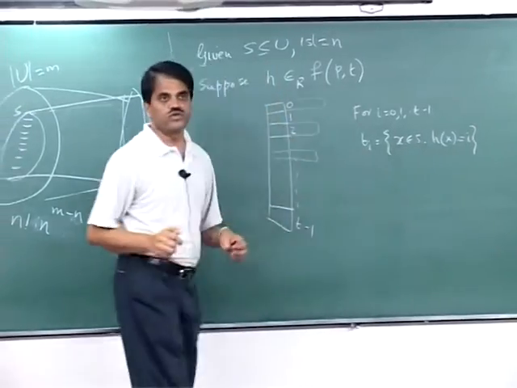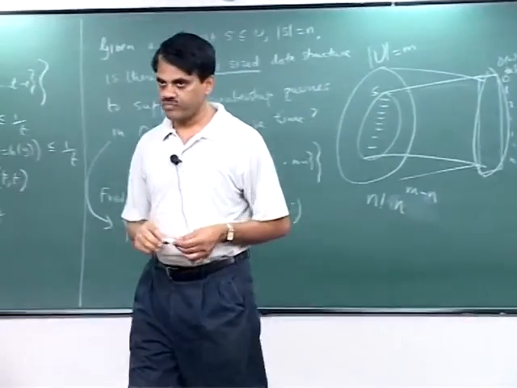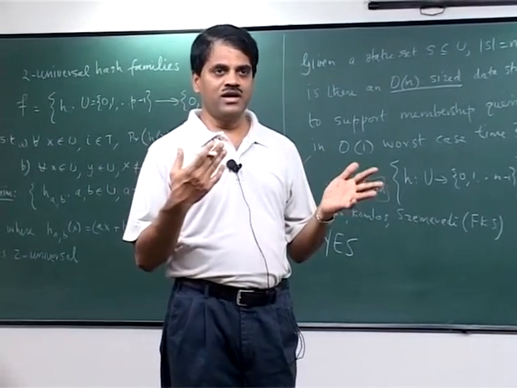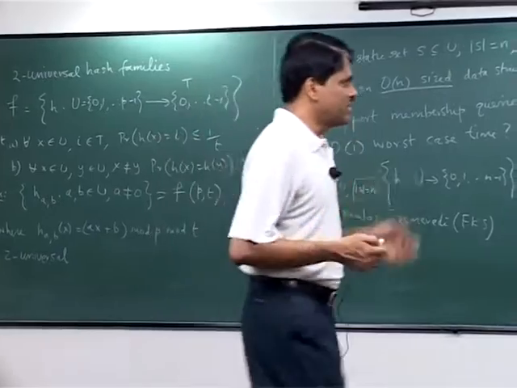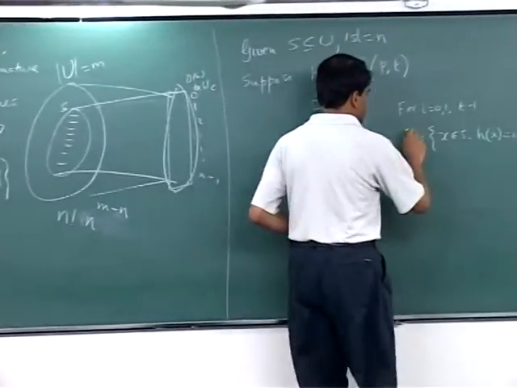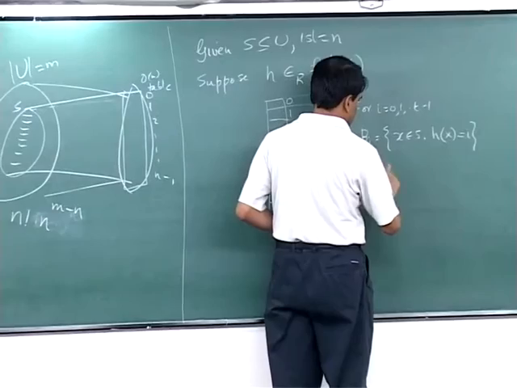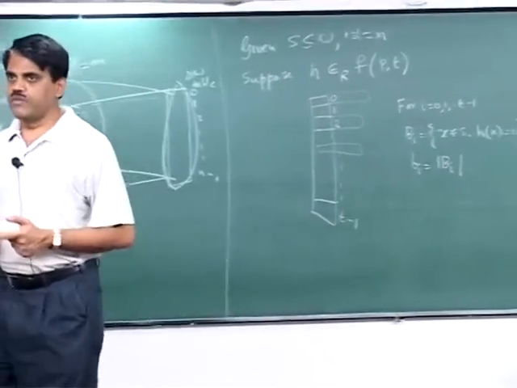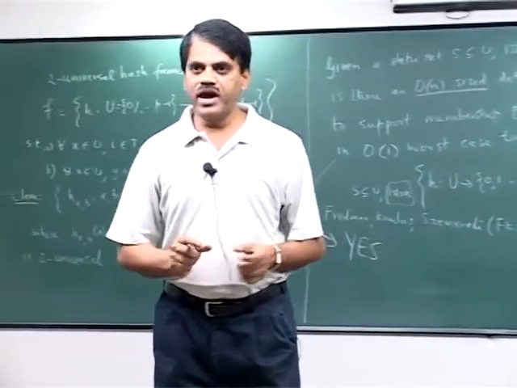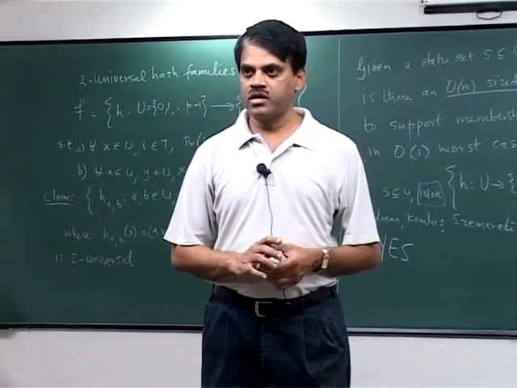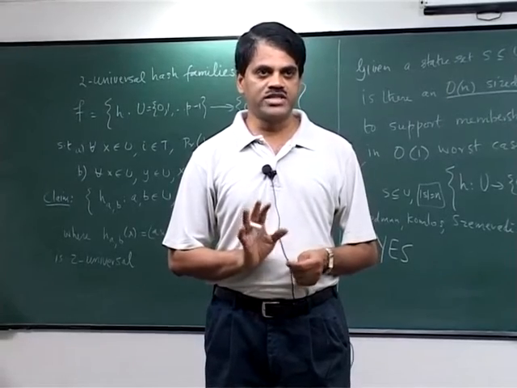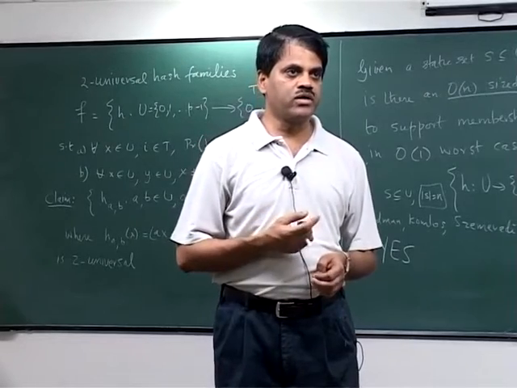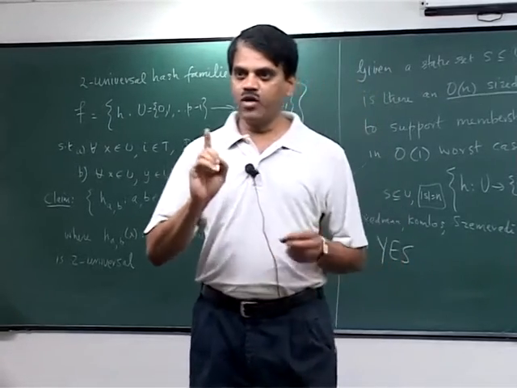So all elements that get mapped to location i. I'm looking for a function where these Bi's are expected to be what? I want a collision-free function on this set. What do I want the little bi's to be? 1. I want the bi's to be 1.